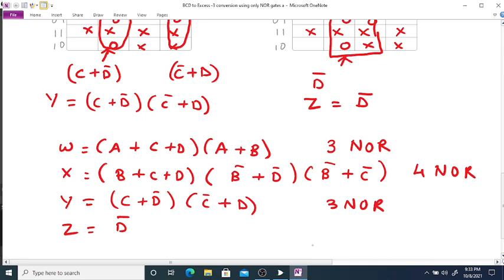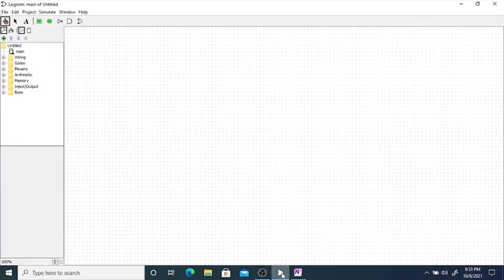So, in total we will need 10 NOR gates to represent this circuit, and a few of them will be required for inverting these bits. So, we will see the logic diagram in Logisim.